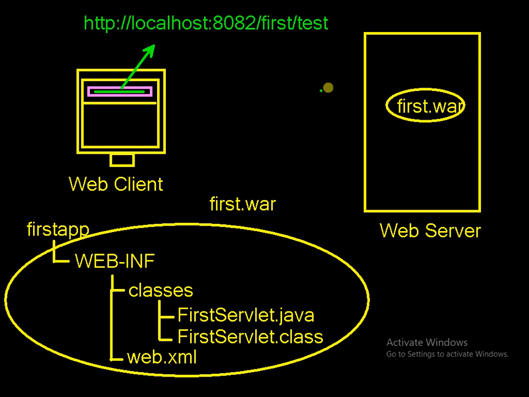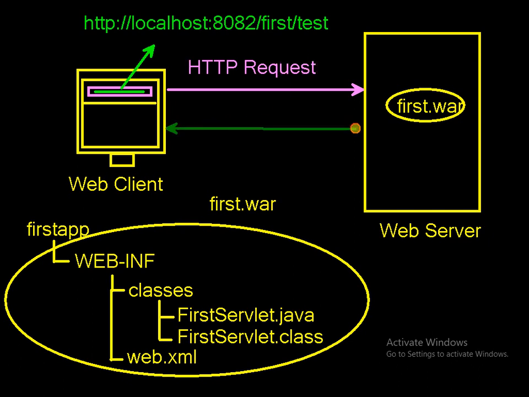Like this, if you send a request, this request is called an HTTP request, client to server, request passed. Then the response comes, and that response is called an HTTP response.